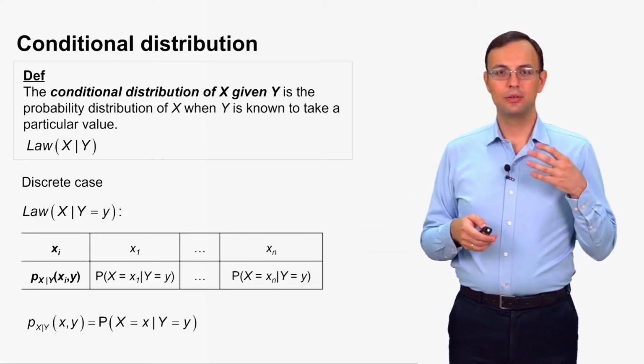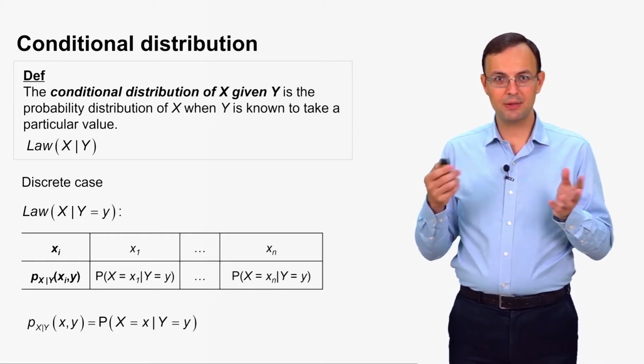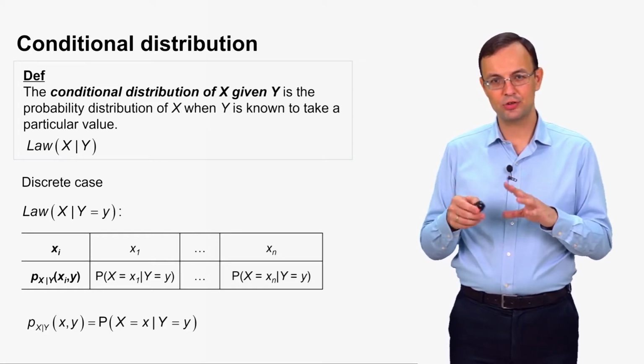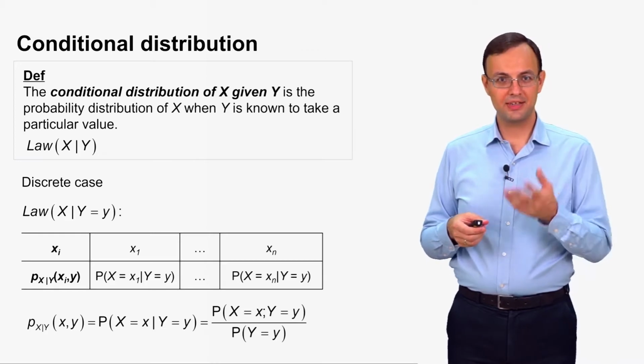So we know the formula for conditional probabilities. P of A given B is equal to P of A intersection B divided by the P of B. So this formula can be applied here also.